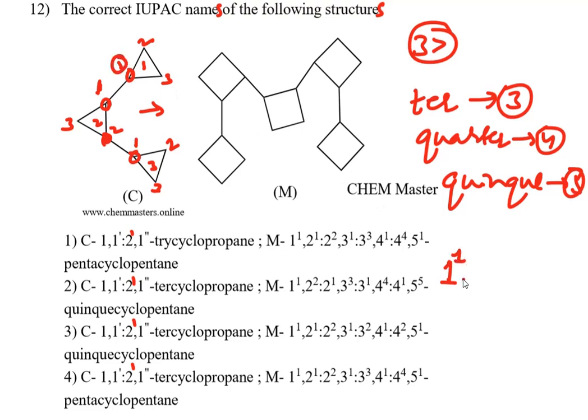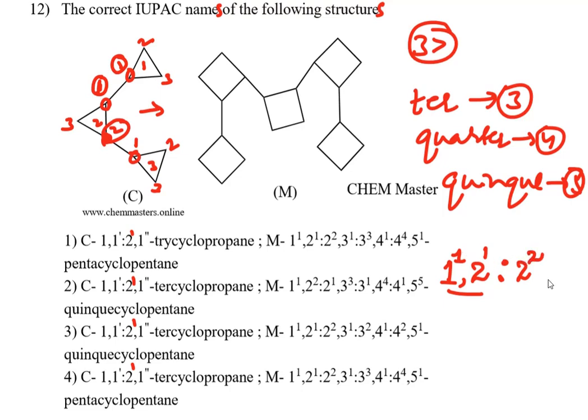Okay, and just separate with a comma, and we need to look at the second ring, which is given 2, and which is connected with the first ring with the locant number 1. So 2 superscript 1, and this is one junction. So separated with a colon, and now just look at the second ring. On the second ring, which has the junction locant number 2, superscript 2 should be given.